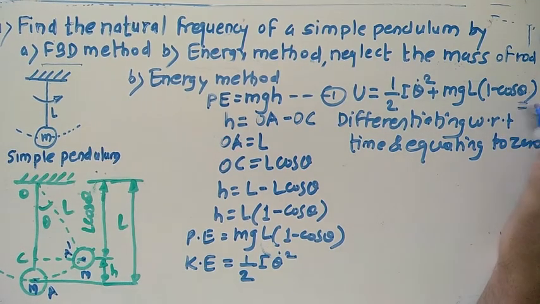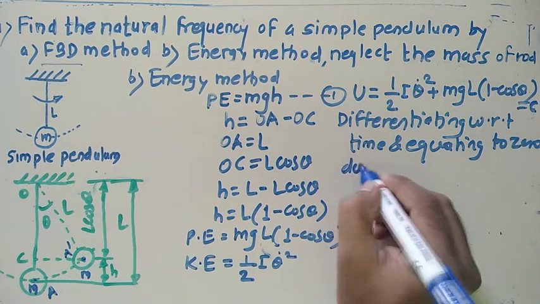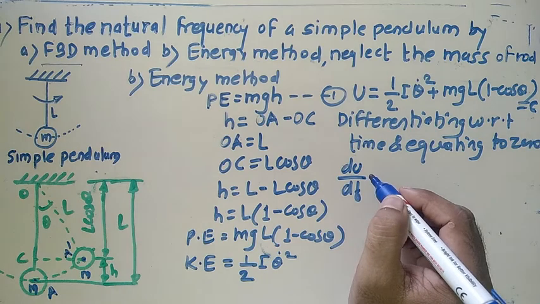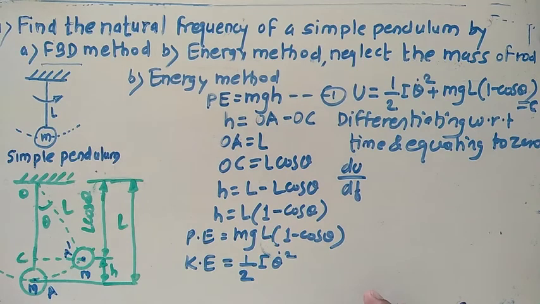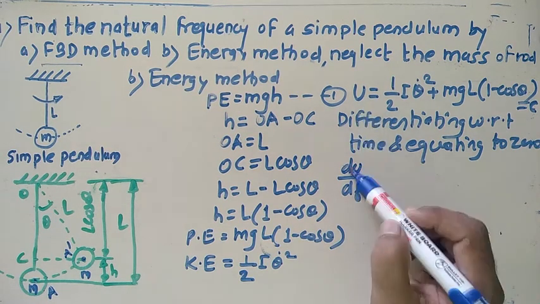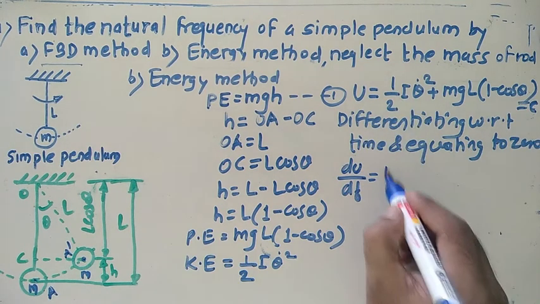As per conservation of energy, this must be equal to a constant. So differentiate this with respect to time t. Now focus here. On the left side, du by dt equals the differentiation of this term.